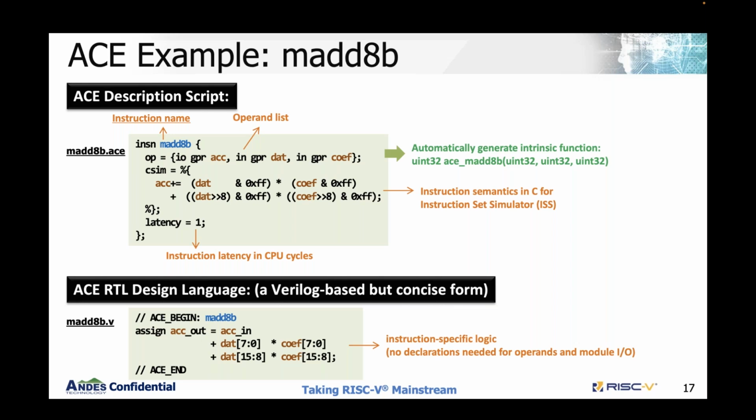CSIM defines the functionality of this instruction using C semantics. In the lower portion of the window, it shows the design using Verilog code. You don't need to write complete Verilog code, because the input and output are already defined by the ACE description above, and it will automatically generate it for you.